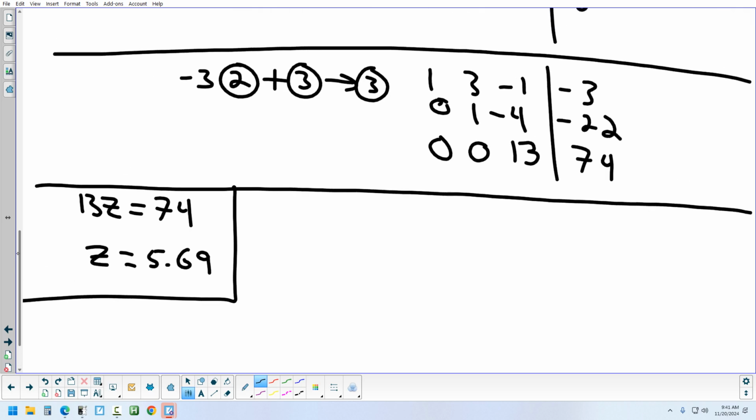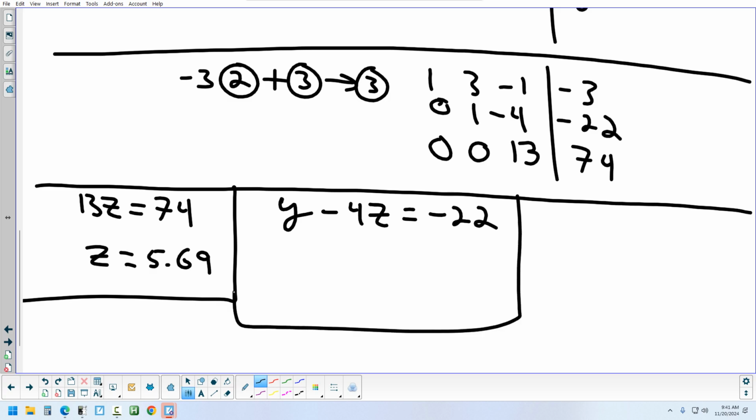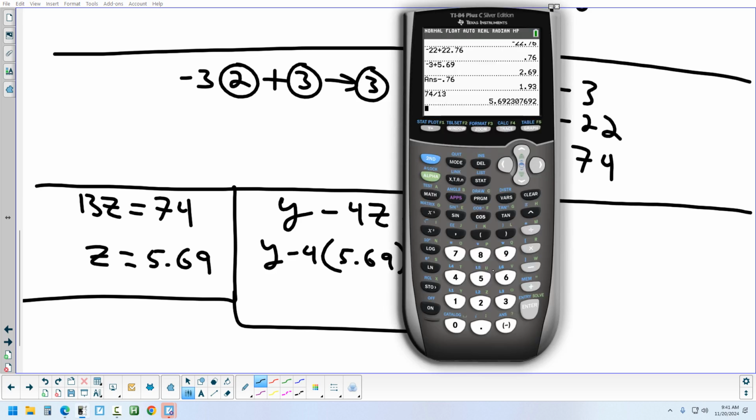All right. What does that second row tell me? No x's. Y minus 4z equals -22. And you're going to fill in what we just got for z. It's y minus 4 times 5.69 equals -22. I need -4 times 5.69.